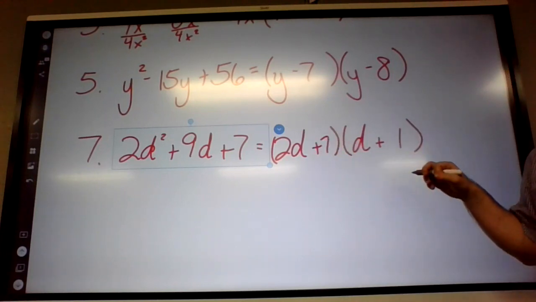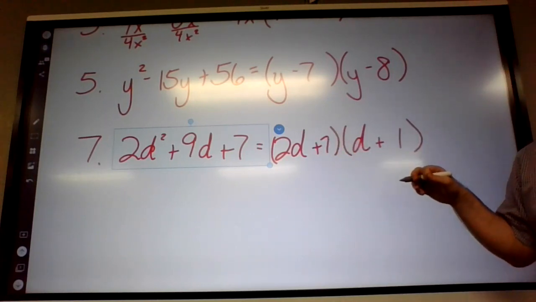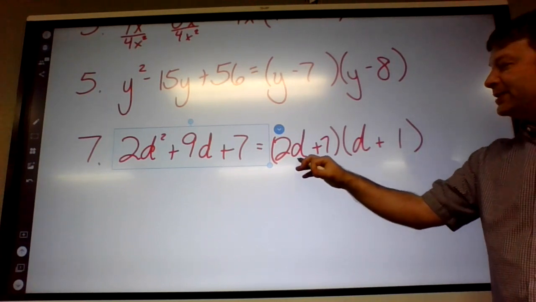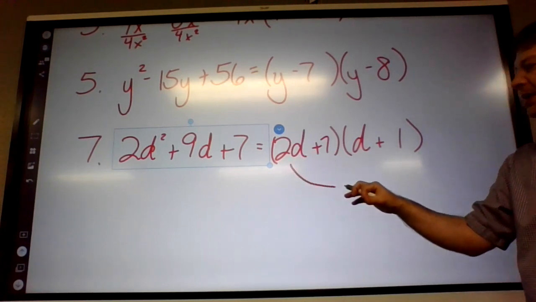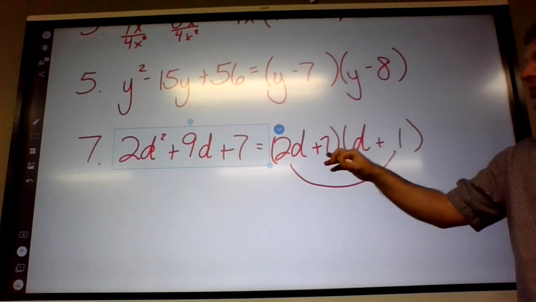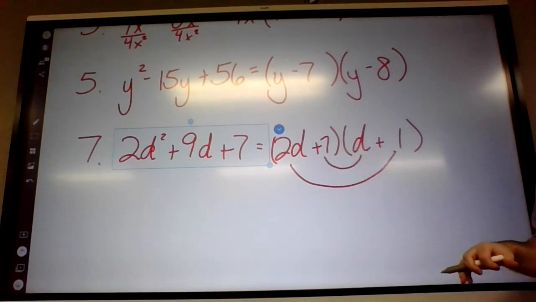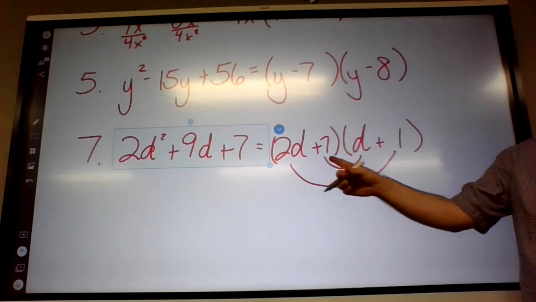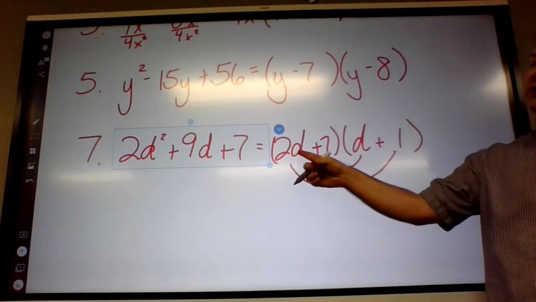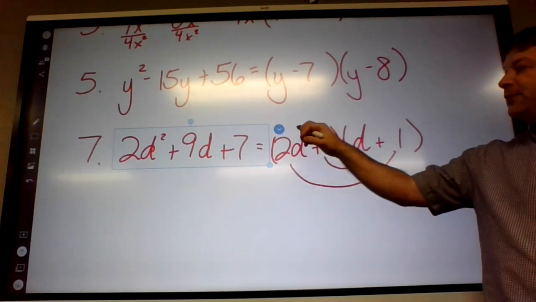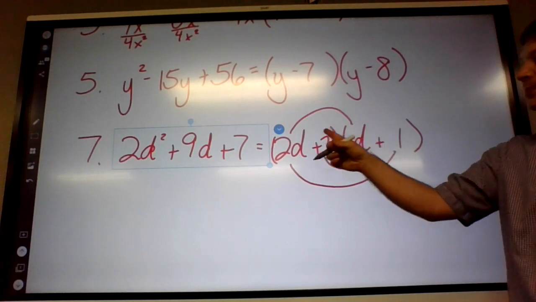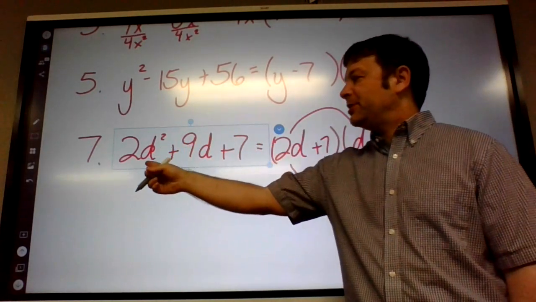So how do we check? A couple of us didn't really, I don't think, check on the homework. 2d times 1, and you get 2d, and then you do 7d. Right. So you FOIL, but you don't have to do the whole FOIL, because for the first part, we've kind of already set it up. The first, we already know should equal that.